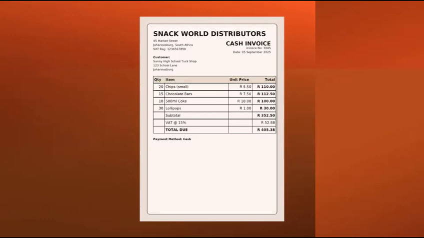We previously said that in our details column, we either record what it was for or the person who we paid. So in this example, we can see that our supplier's name is Snack World Distributors.